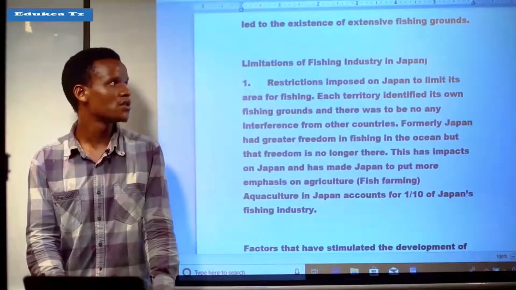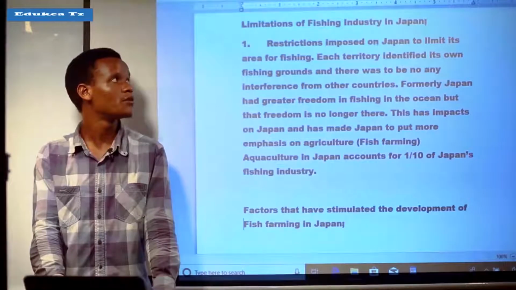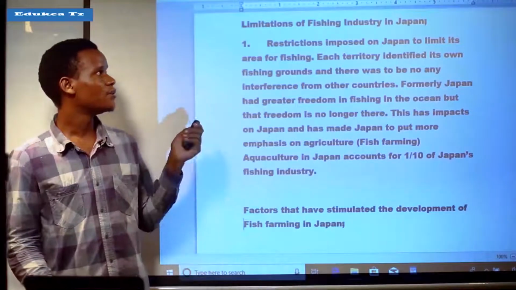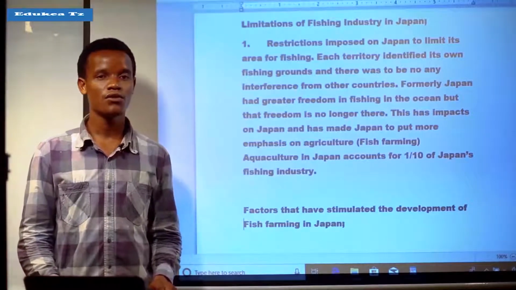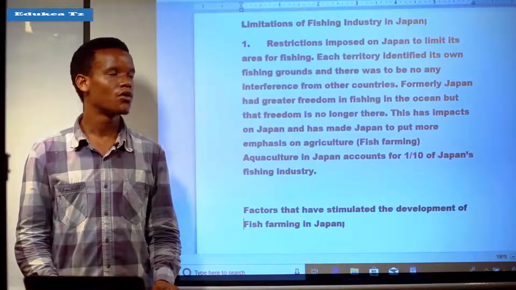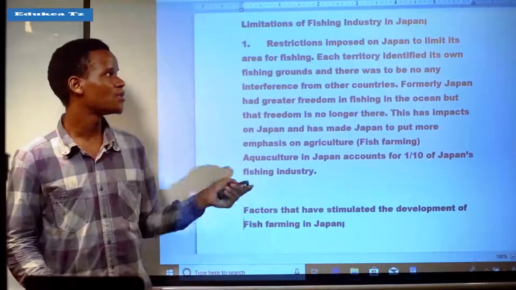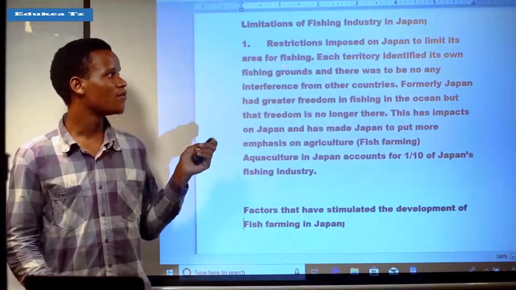Also, after seeing those factors that contributed much to the development of fishing in Japan, let us now see the limitations of the fishing industry in Japan. Here we are going to see those problems or barriers that hinder the development of the fishing industry in Japan. The first one is the restriction imposed on Japan to limit its area for fishing.